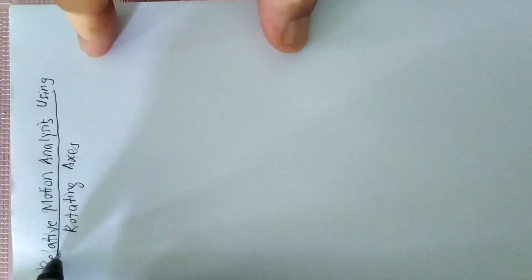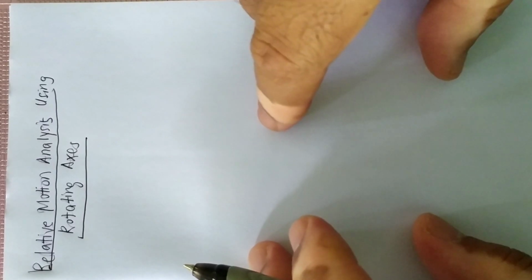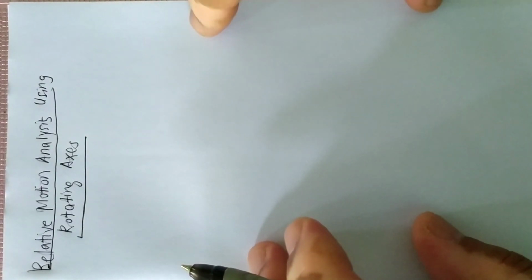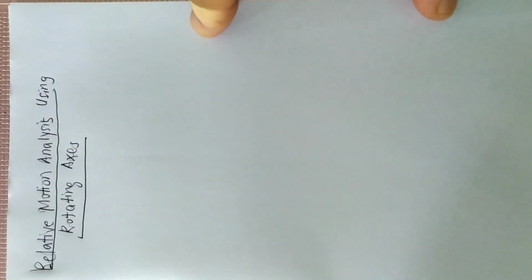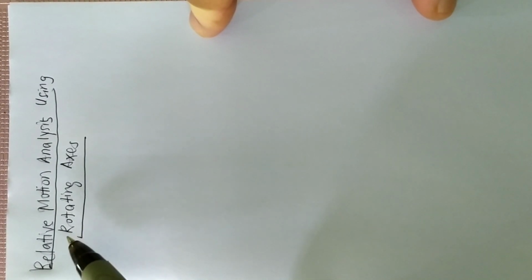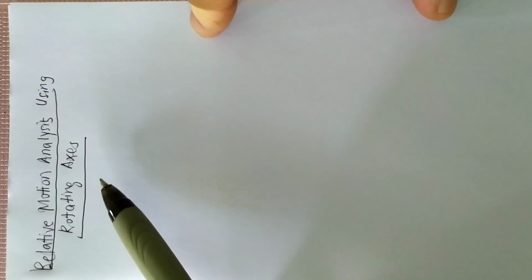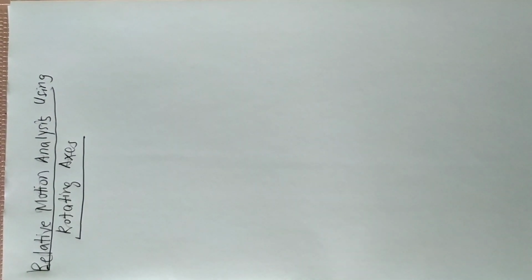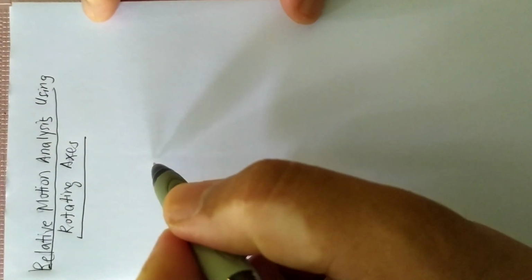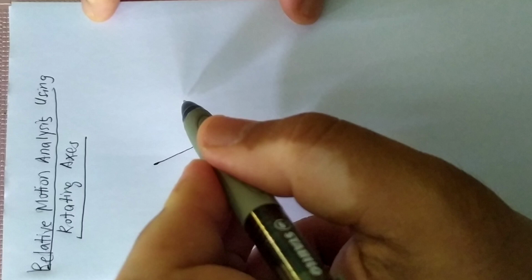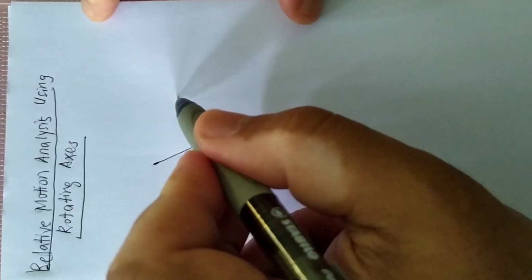So this has some relationship to the topic that we have discussed before, which is relative motion analysis using translating axis. But this time we will have a rotating axis. Let us assume that we have a set of coordinate system or axis.